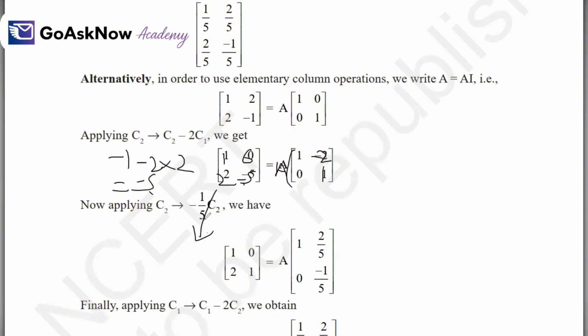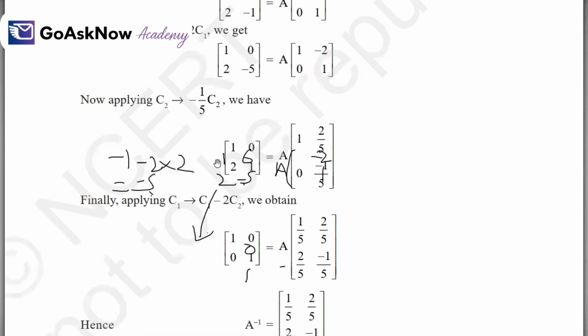Similarly, after that, you will do C2 is equal to minus 1 by 5 C2. So you will get this and this. Okay. And after that, finally, you have to apply C1 changing into C1 minus 2C2. So this C1 will change into C1 minus 2C2. You will get 1, 0, 0, 1, and 1 by 5, 2 by 5, 2 by 5, minus 1 by 5.